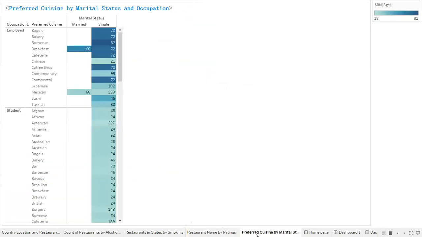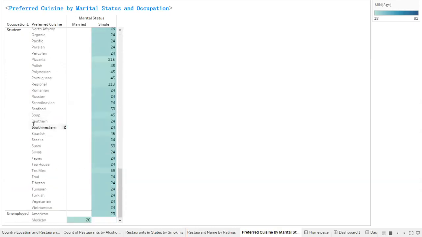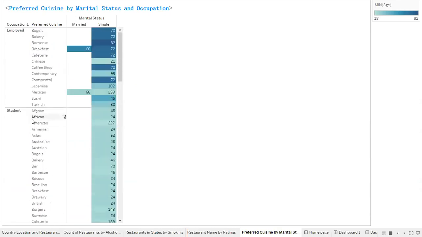And then I also looked at the preferred cuisine by marital status and occupation. You can see here that students account for the great majority of persons who actually visit these restaurants. So it's a good recommendation I could take from this report. Married persons, with a minimum age of 60, prefer breakfast compared to other cuisine.